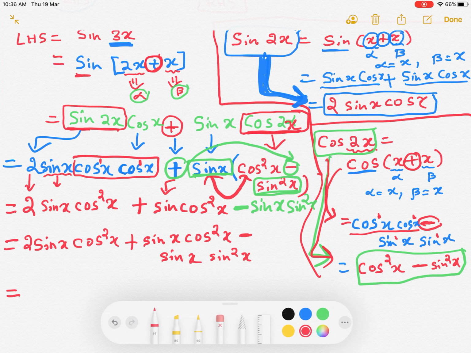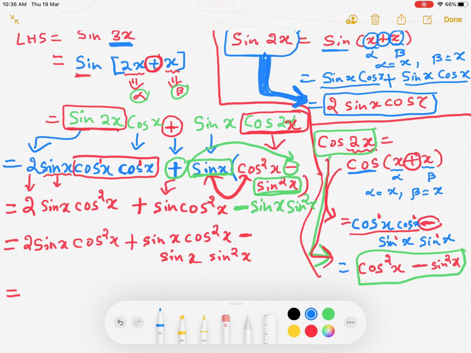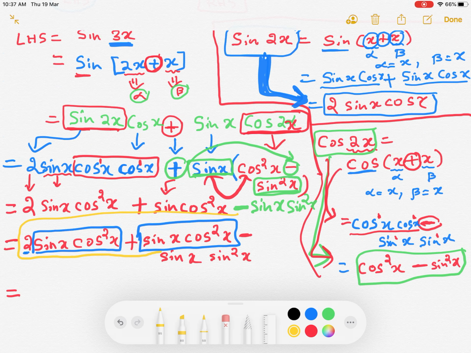Okay, now look at the first two. Here you have 2 times sine x cosine square x. Here you have 1 time sine x cosine square x. So total how many times? 2 times plus 1 time, so it will be 3 times sine x cosine square x. Is it clear how you got 3?